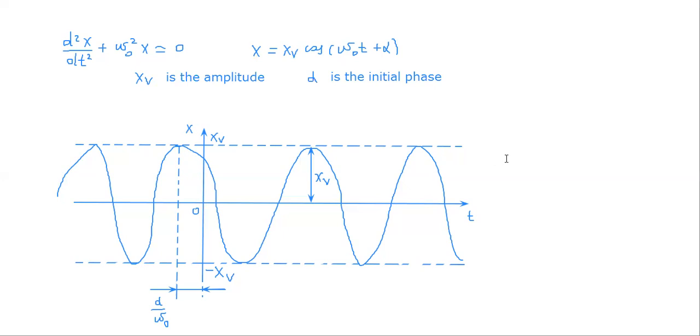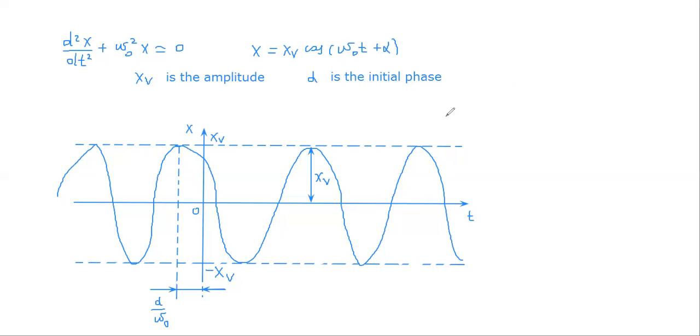Okay, and if we have oscillations, we have a periodic process. We know that cosine is a periodic function with period equal to 2π.